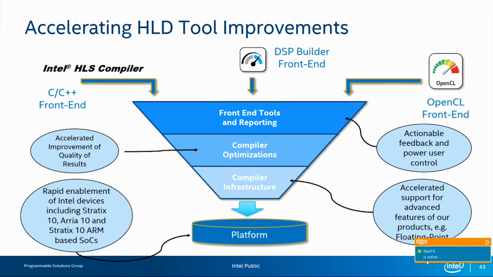So we have three different front-end compilers for the three different tool sets we have today. In future we will have more. Front-end tools are able to parse the language and give you very quick feedback about whether the language is functionally appropriate, and you can emulate in this very quick turnaround time.